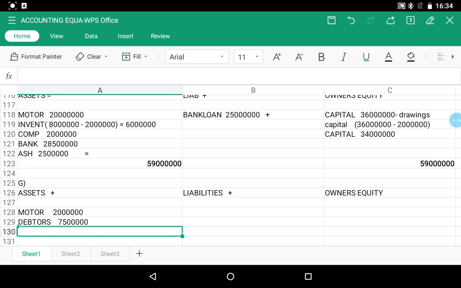Then of course the rest are constant because they were not affected. So we have computer worth 2 million.